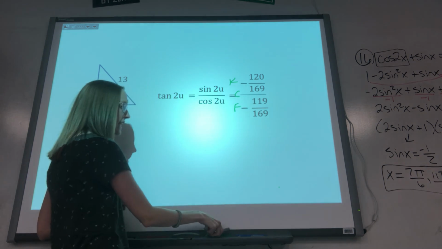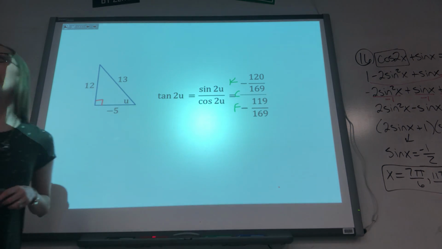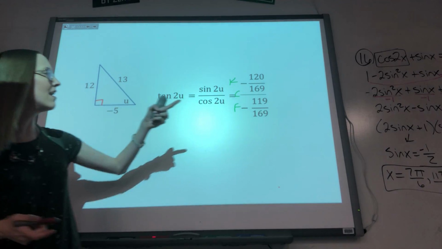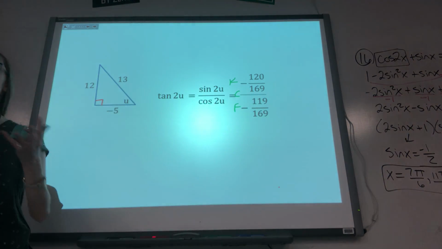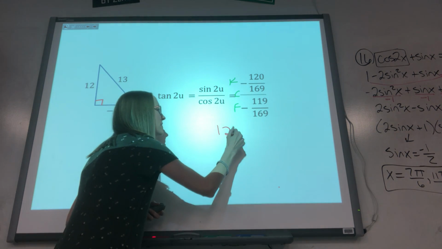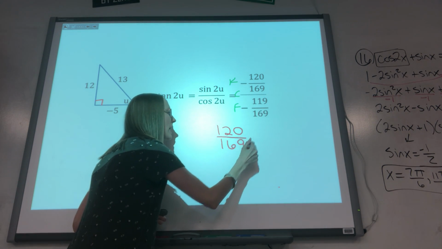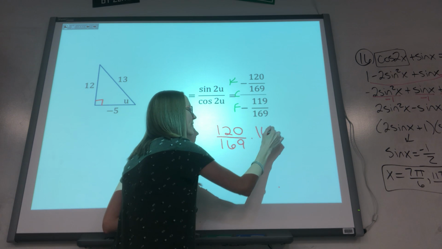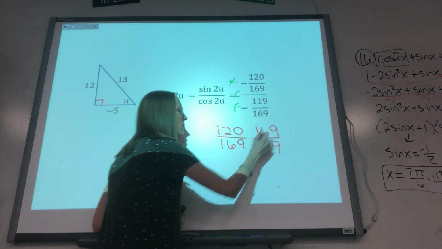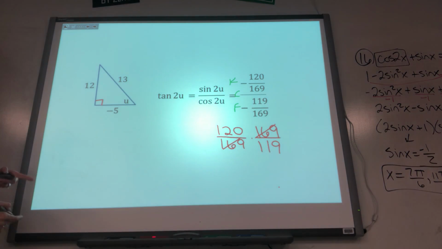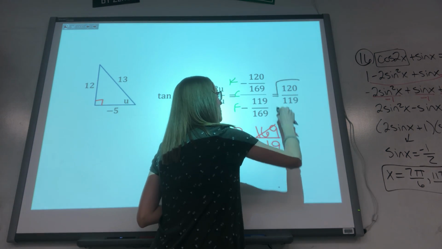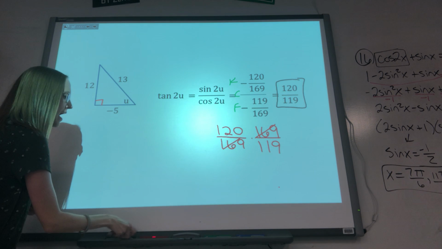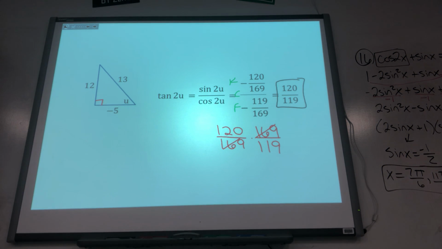Now, I do need to keep change flip, and I can already tell that I'm taking a negative divided by a negative, which is going to be a positive. So when I keep change flip, I'm just going to leave the negatives off. I know it's going to be positive anyway. So the 169 should cross out, and that leaves you with a positive 120 over 119.